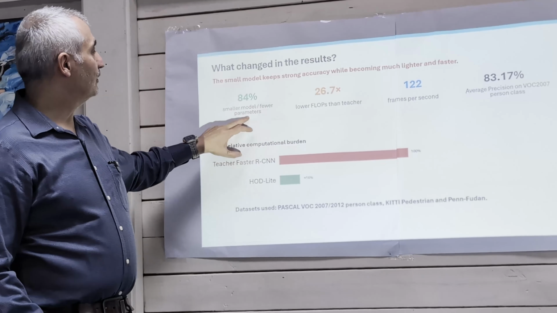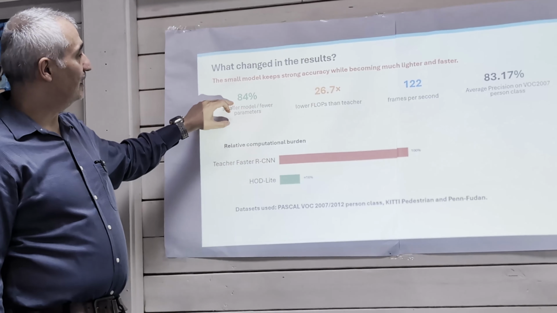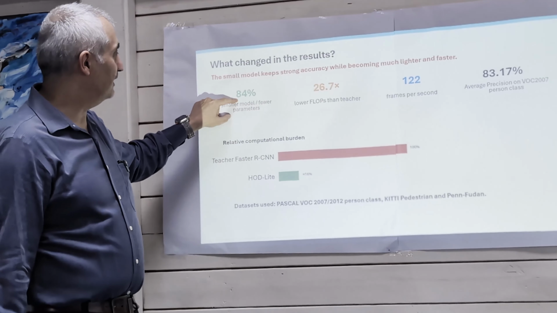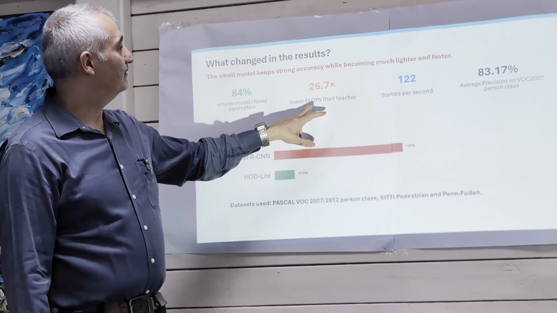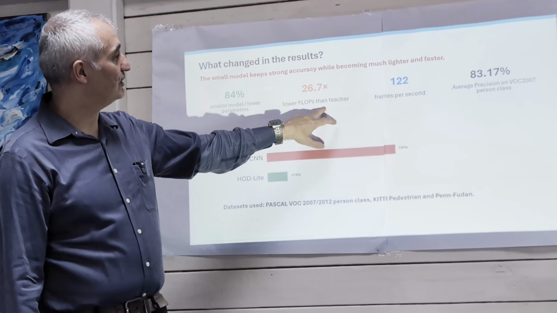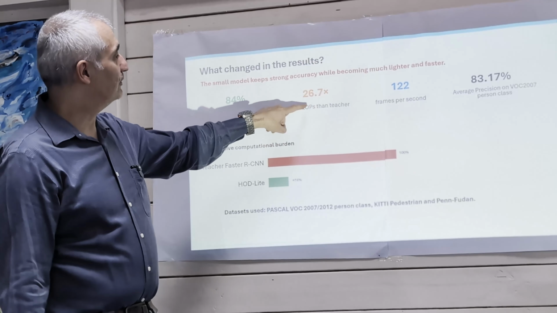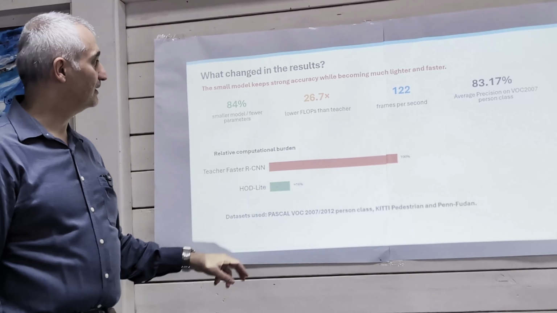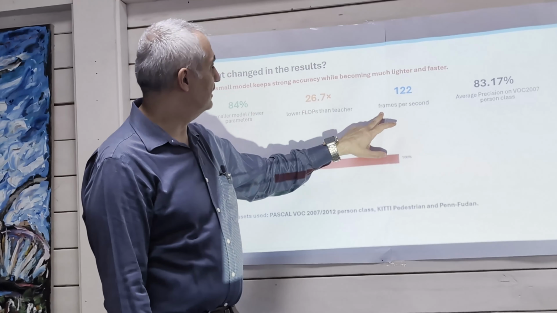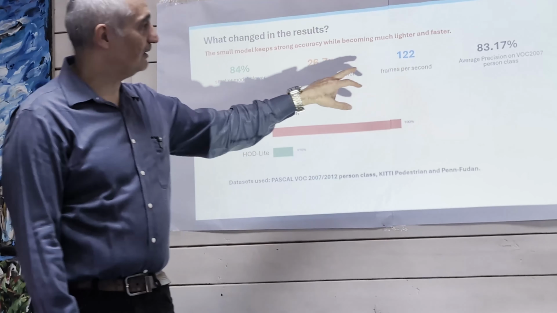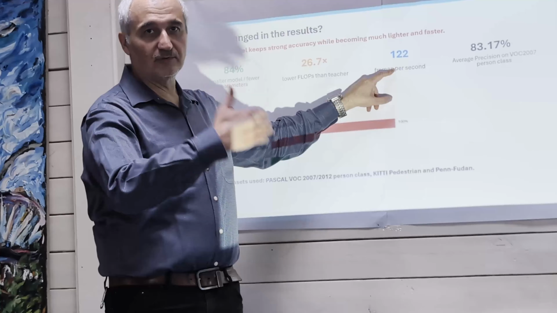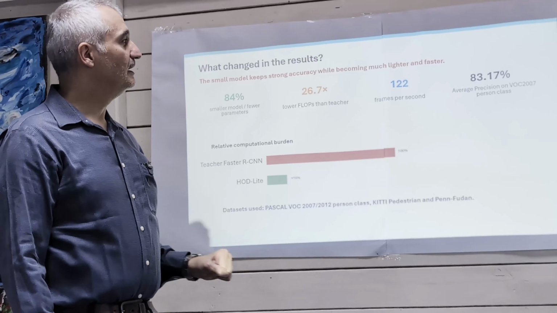The smaller model ends up having, in this case, 84% fewer parameters, and lower FLOPs than the teacher, so 26 or 27 times less. Frames per second doesn't mean anything without comparing to what the other one was, but it was like 80 or 60 frames per second, where this can do 122 frames per second.